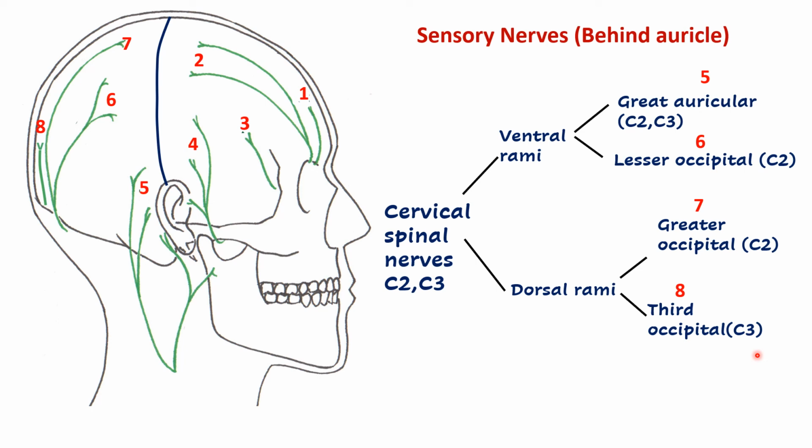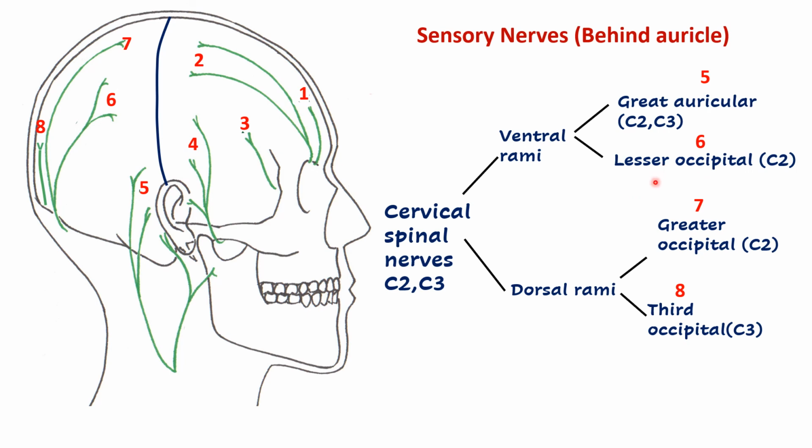So let us see how to remember first the names and then the root values. How will you remember the names? From the ventral rami, one nerve that you have to remember, the first one on the lateral aspect, that has to be close to the auricle, so great auricular. And after that, you have three occipital nerves. So keep the lesser one, the smaller one, more anteriorly.